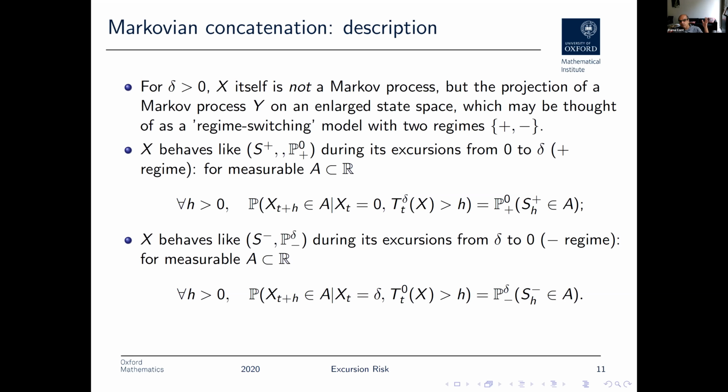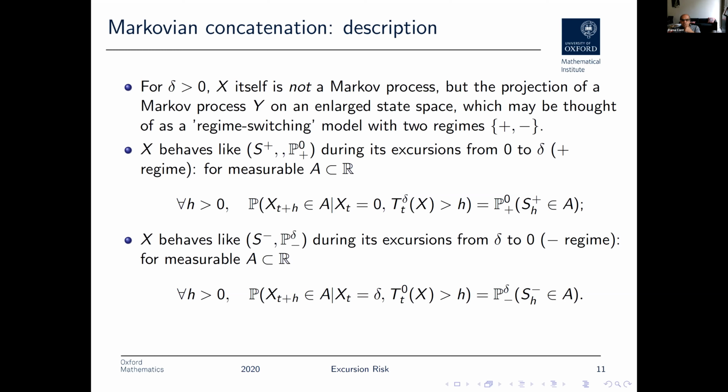I can include upward and downward hitting times. So this will just increase the number of regimes and increase the number of building blocks, but the construction is fundamentally the same. I just give the construction here for two, but you can easily imagine that this construction can be done in general for more than two regimes. And it may be interesting from a mathematical perspective.